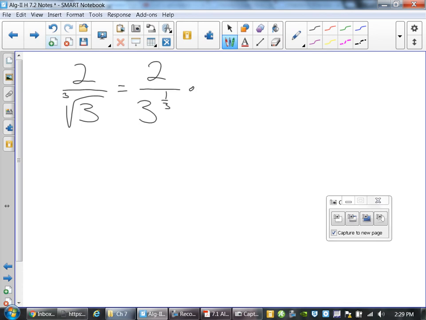I need to figure out what I'm going to multiply it by with the same base to equal 3 to the 1. Good. What do I add to 1/3 to make it 1? 2/3. And I multiply the top and bottom by the same thing, because what is this value equal to? 1.